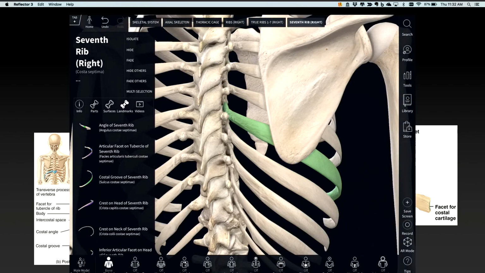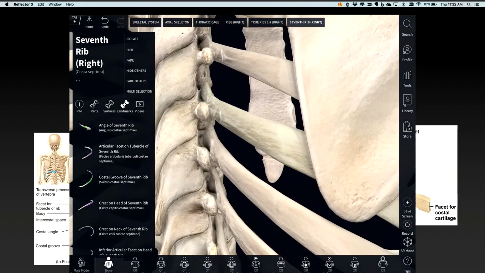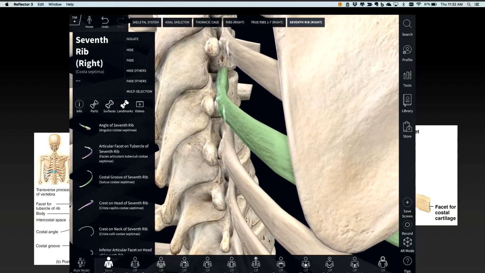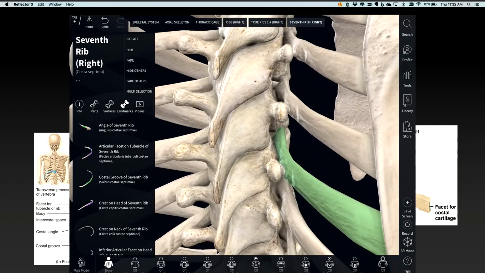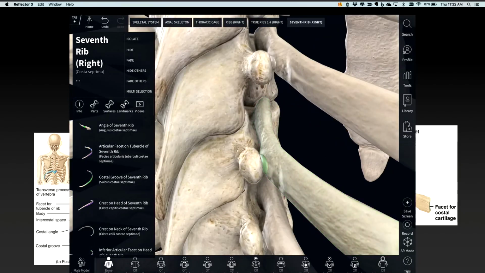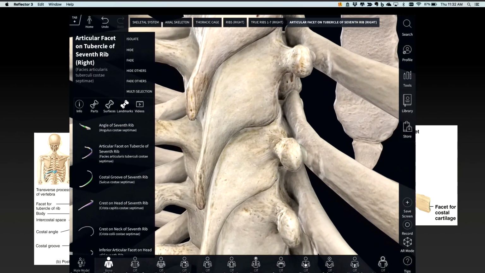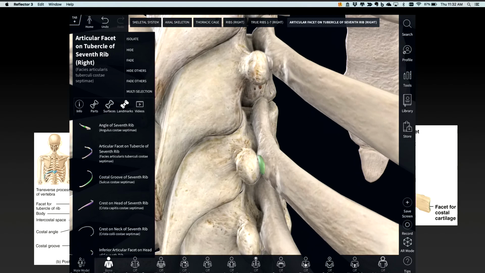So knowing that we have the superior and inferior articulating surfaces, and then one on the tubercle, if we zoom in and look at how the rib meets the vertebral column, it starts to make a lot of sense. We can see that articular surface here on the tubercle of the rib, matching up with the transverse process of the vertebra.